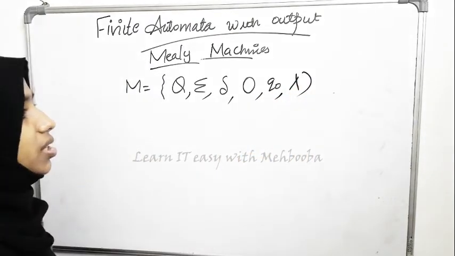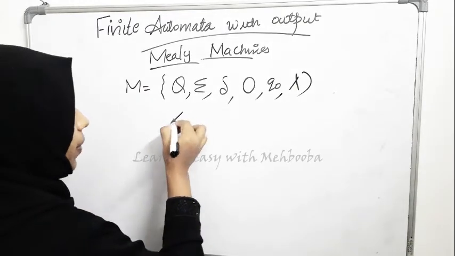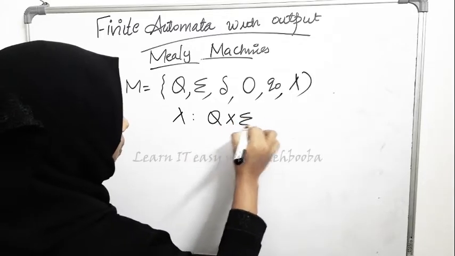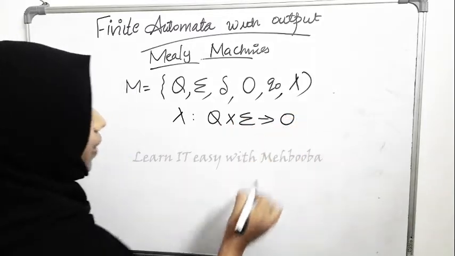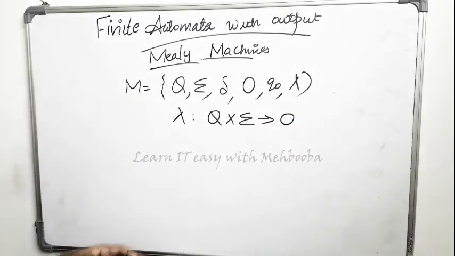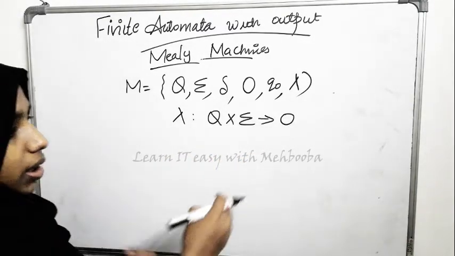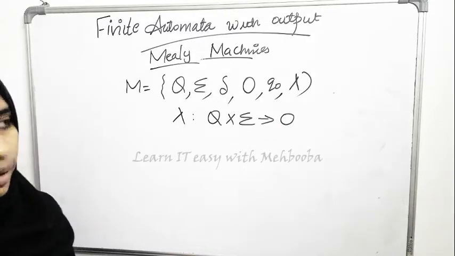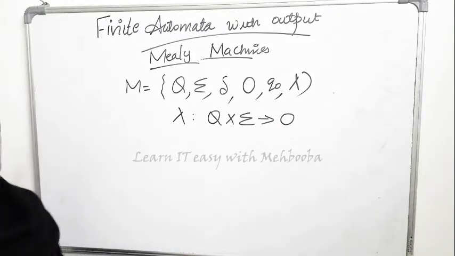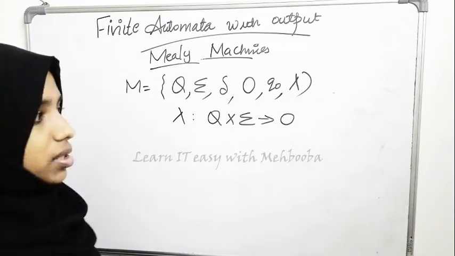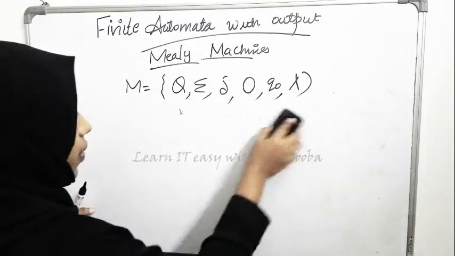The only difference here is lambda maps Q cross sigma to the output. That is, it takes as arguments a state and an input, and then maps to an output. That is, the outputs are not associated with states, but with transitions here. We will see an example.